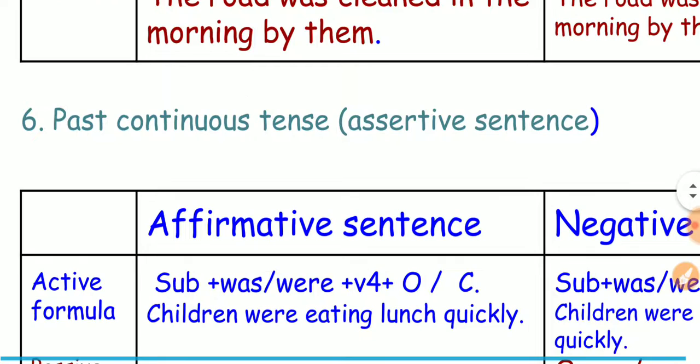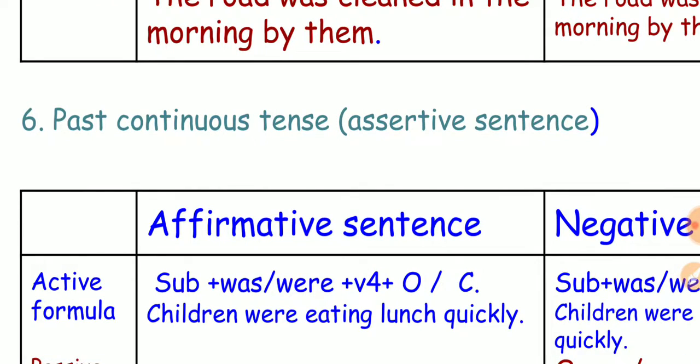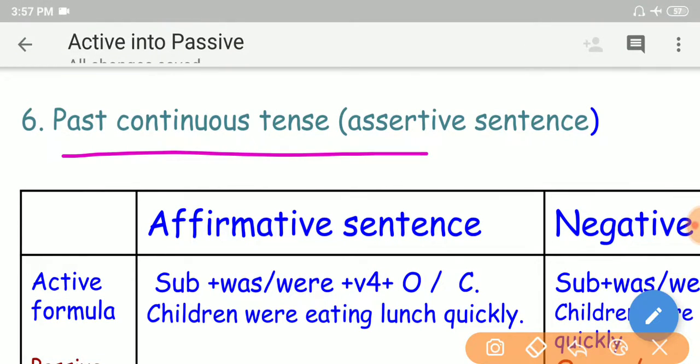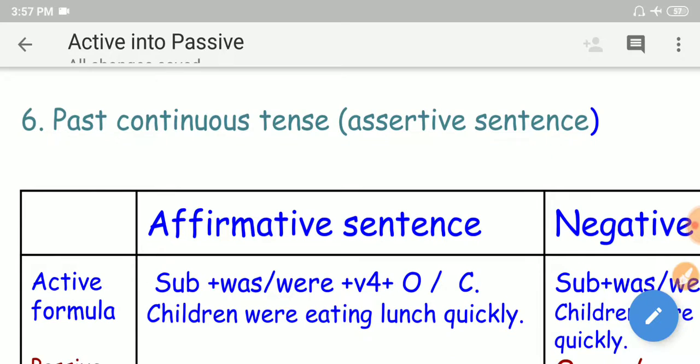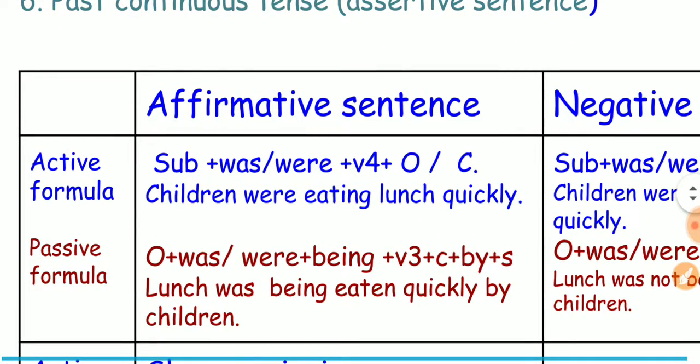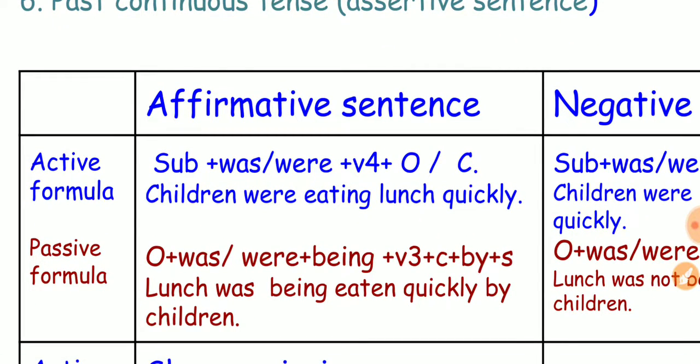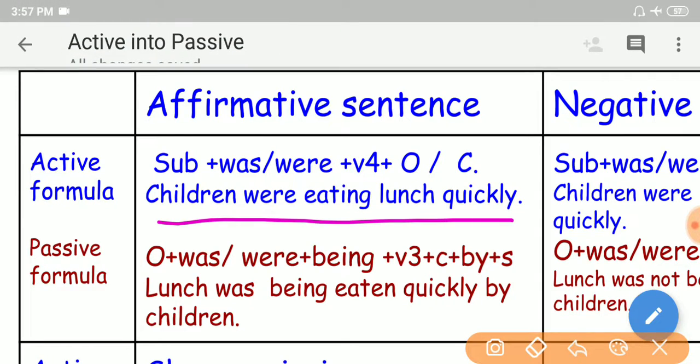Let us go with the next one, past continuous tense. See here, we have learned present continuous: is, am, are plus V4. Here it is was, were plus V4. So children were eating lunch quickly. The passive voice is lunch was being eaten instead of eating.